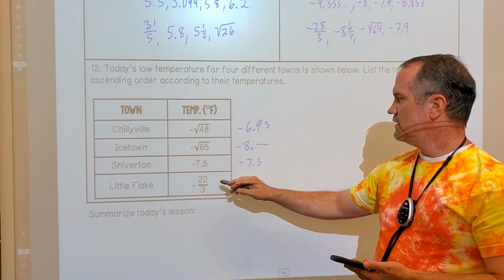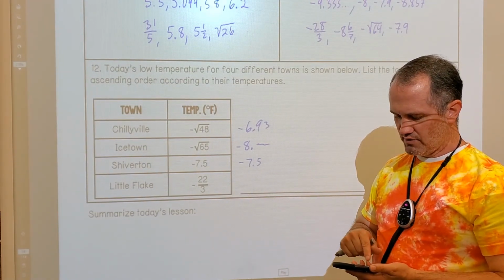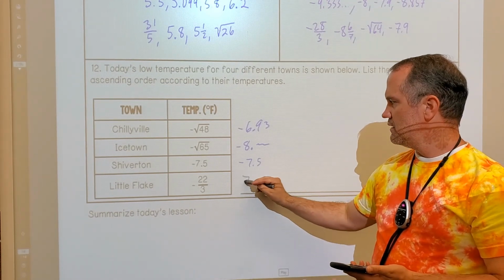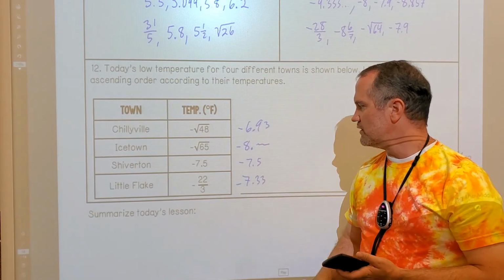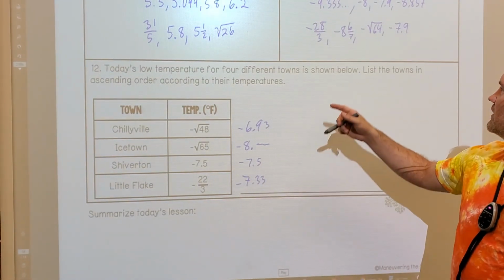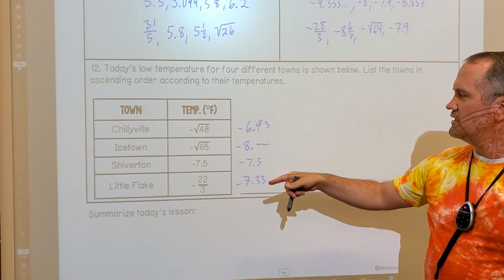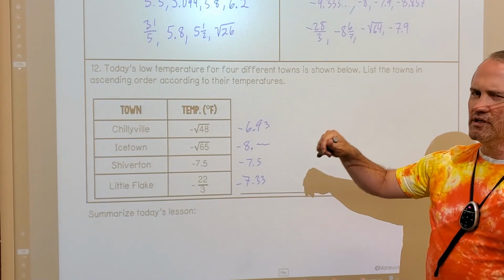And then 22 divided by 3 is going to be 7.33 if I remember right. I guess we didn't need to find the actual number there. List the towns in ascending order, so that would be going up, right?